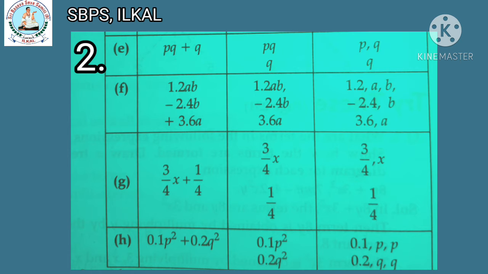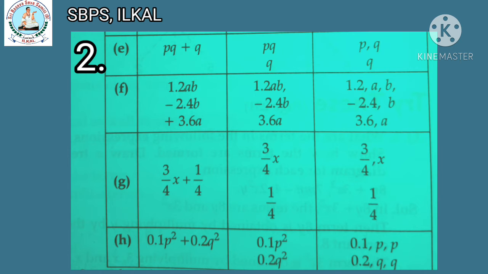There are three different terms. Those are 1.2ab, minus 2.4b and 3.6a. Factors for 1.2ab are 1.2a and b. Factors for minus 2.4b are minus 2.4 and b. Factors for 3.6a are 3.6 and a.